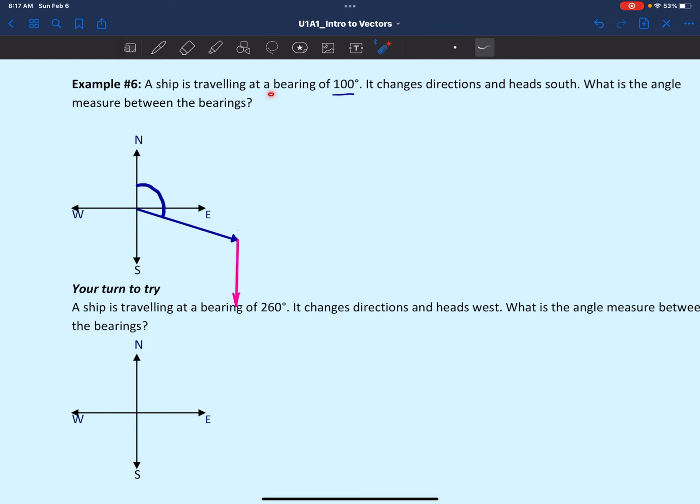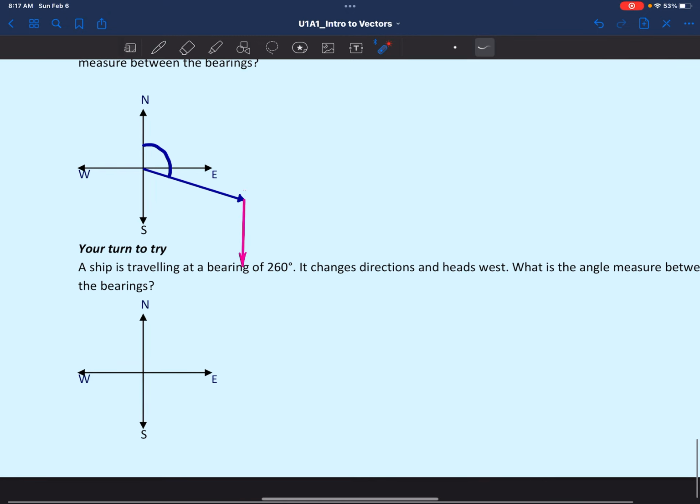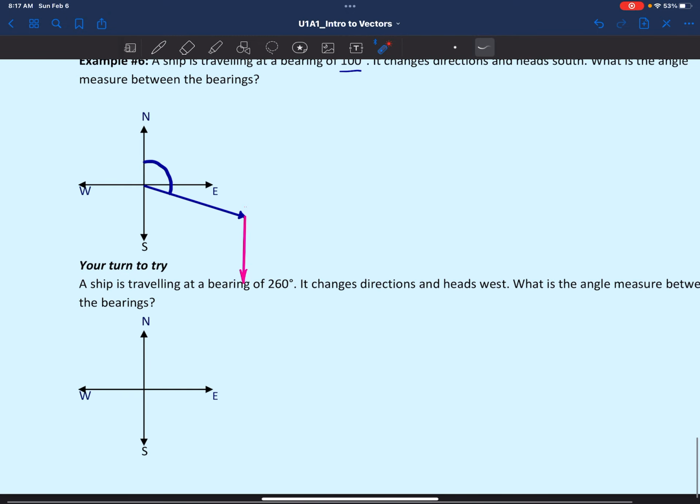But when we say to find the angle between the bearings, it means to find the angle between these two vectors. Now I want you to think, how do we identify the angle between two vectors? So remember that we have to place the vectors tail to tail. So we take this vector right here. So now the angle between the two bearings, remember this is 100 degrees, right? So the angle between the two bearings will be this angle, right?